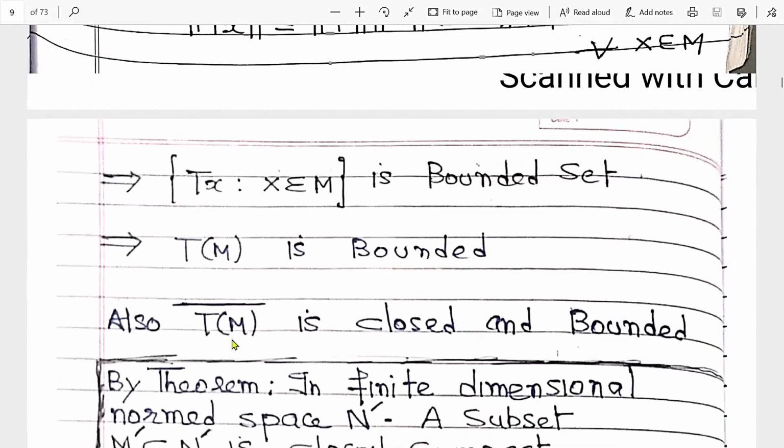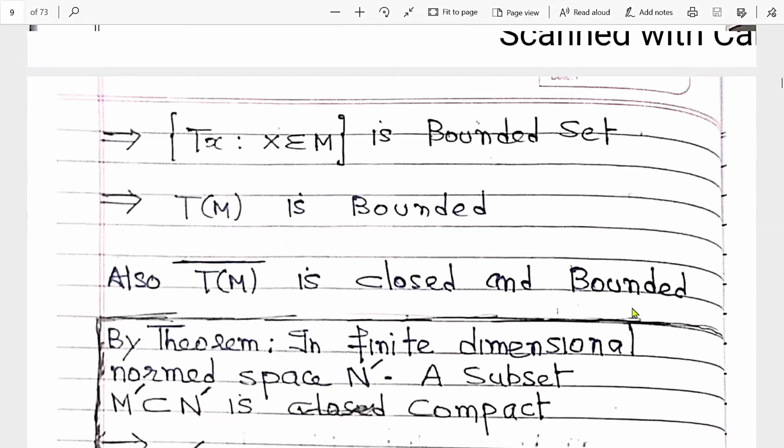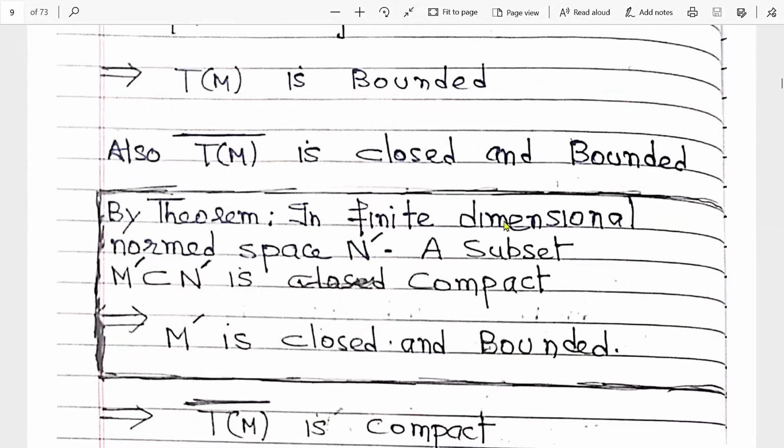Now its closure is closed as well as bounded. We know that in a finite dimensional normed space, a subset M' is compact if and only if it is closed and bounded. This result is possible only in the case of a finite dimensional space.